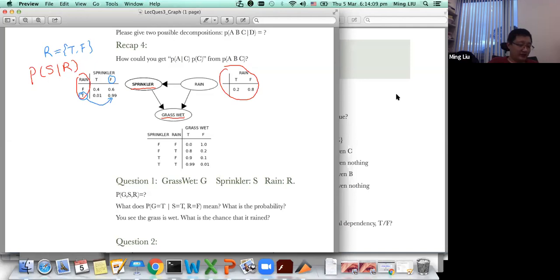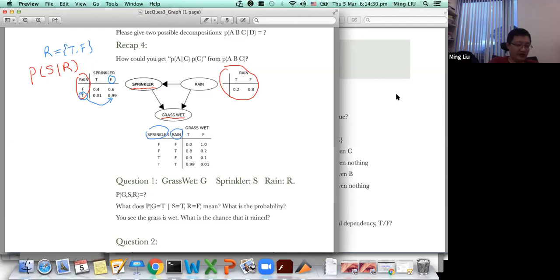And a third variable is whether the grass will be wet. Basically you need to define a three-dimensional table given the conditions of sprinkler and rain.